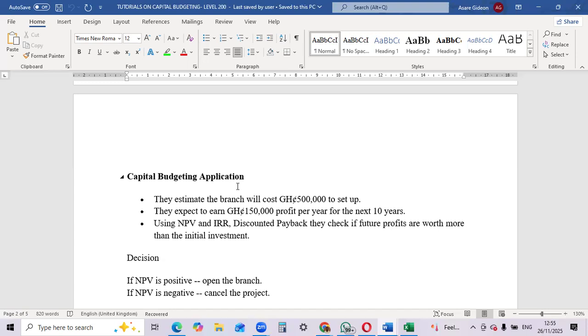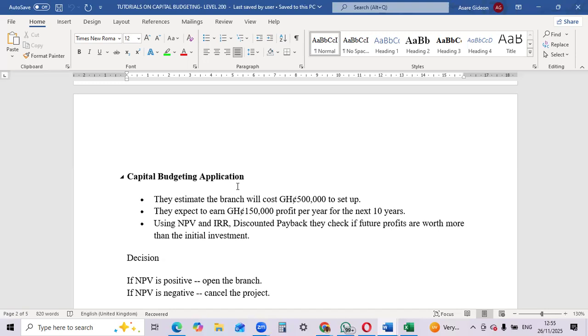So it could be NPV, internal rate of return, discounted payback period. These are some of the techniques that we can deploy. Now, looking at the profits that the organization will get when they decide to open that branch, you are going to get 150,000 per year for the next 10 years. Now, the setup cost or the initial investment is what? 500,000.